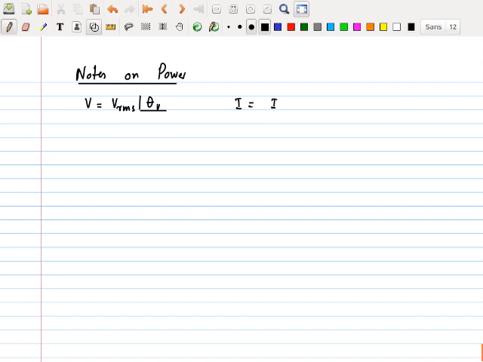If I is Irms with an angle of minus theta I, then you can say the power factor is what? Cosine of the angle difference. Actually, no, this is plus. Theta V minus theta I.